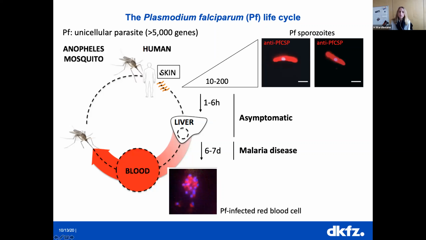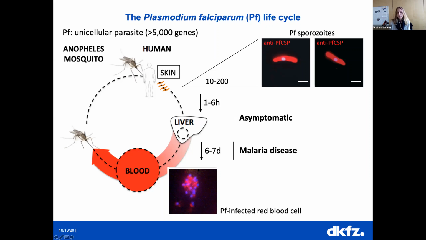Then within a very short time, minutes to hours, these sporozoites move from the skin to the liver and then infect hepatocytes. This phase of the infection is still asymptomatic. It takes about 1 week until these parasites rupture the infected hepatocytes and then are released into the bloodstream.